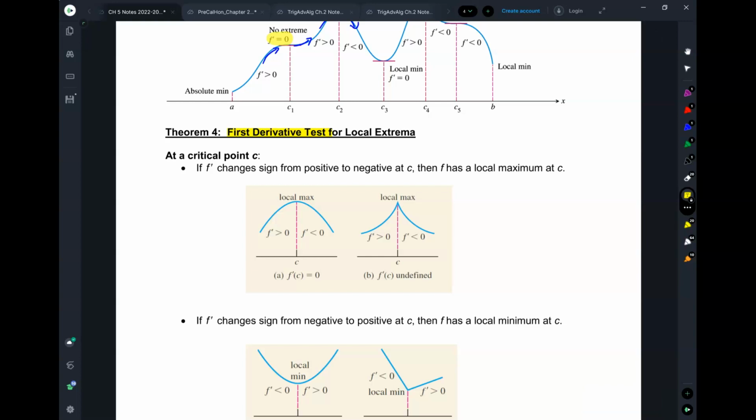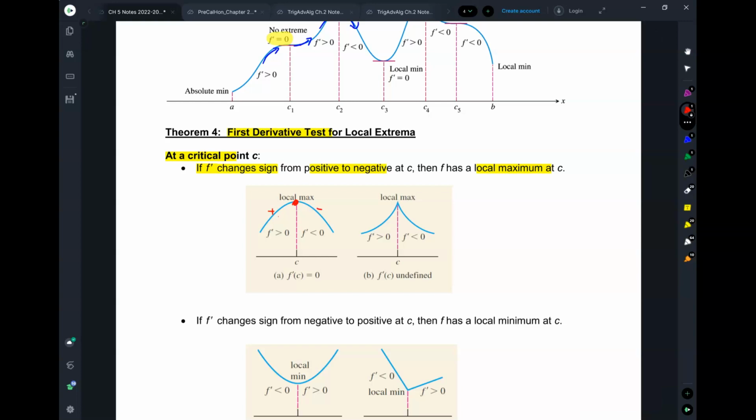The first derivative test says, at any critical point, if f prime changes sign from positive to negative, then there is a local maximum. So look here. There is a critical point here. F prime is positive here. The graph is increasing. F prime is negative here. The graph is decreasing.